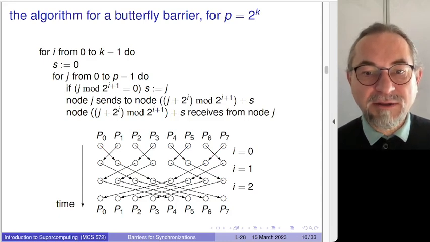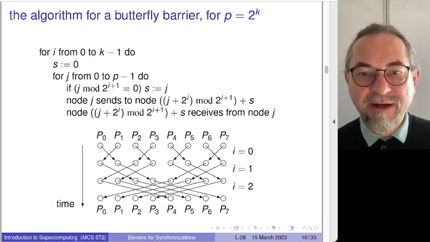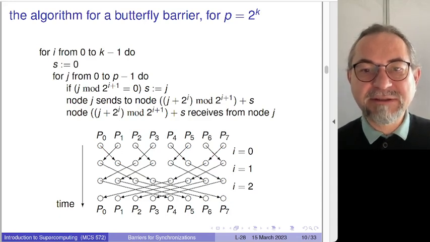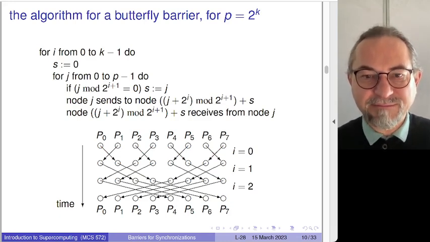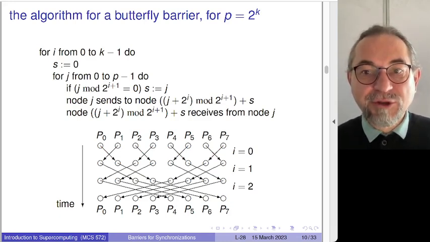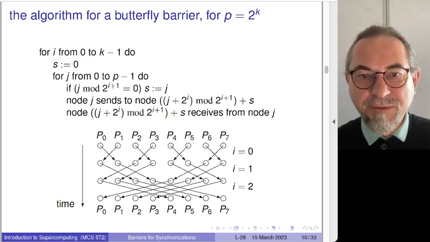This is computed with this s, which starts from 0, and then we have the complicated index computations for sending and receiving. We can verify this for the formulas.